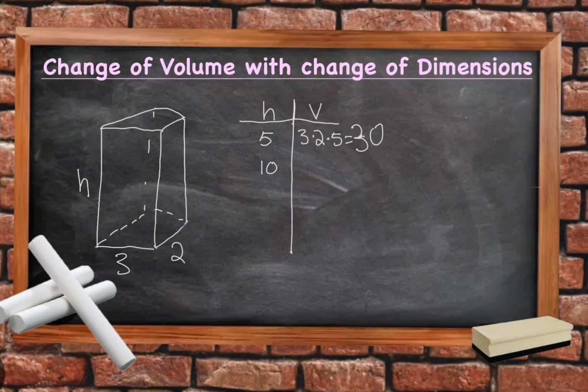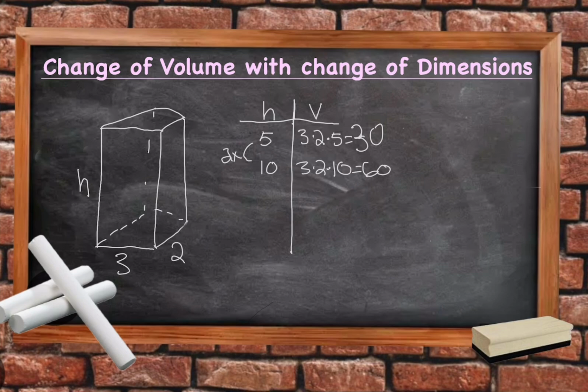Now, what if we double the height times 2? Well, that would be 10. Okay, so let's plug it into the formula. 3 times 2, or 6 times 10, equals 60.